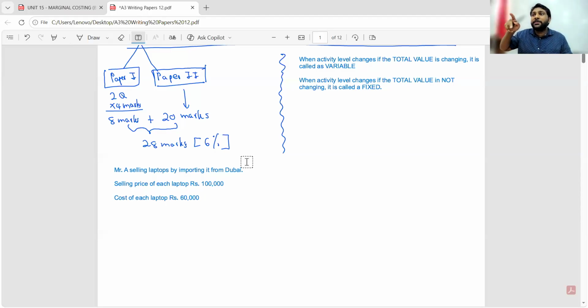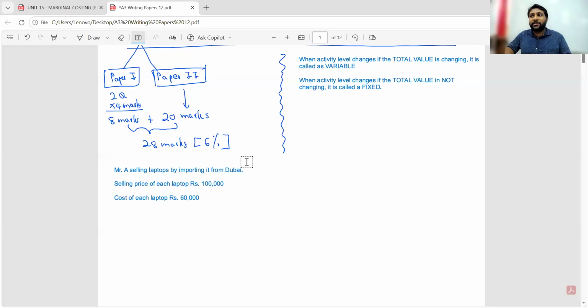When you buy two laptops, the cost is 120,000. When you buy three laptops, it is 180,000. When you buy four laptops, it is 240,000. When the number of laptops changes, the total cost is changing. Then is the laptop cost a variable kind of cost or a fixed kind of cost? Variable kind of cost.